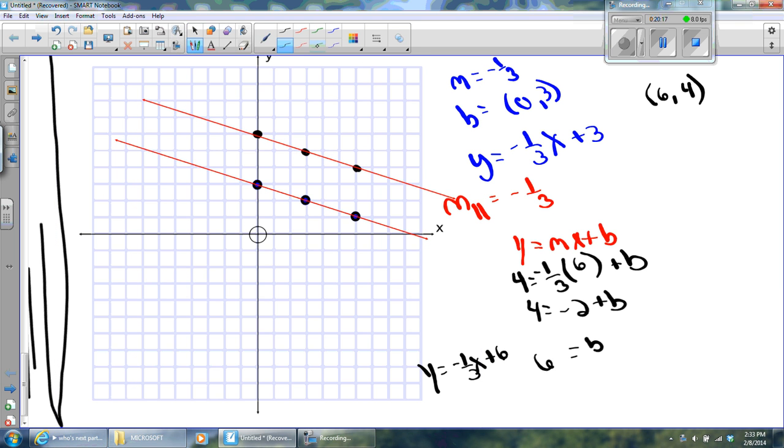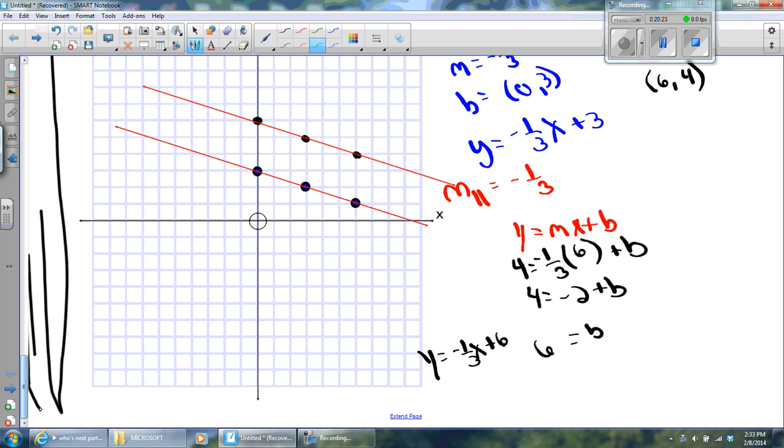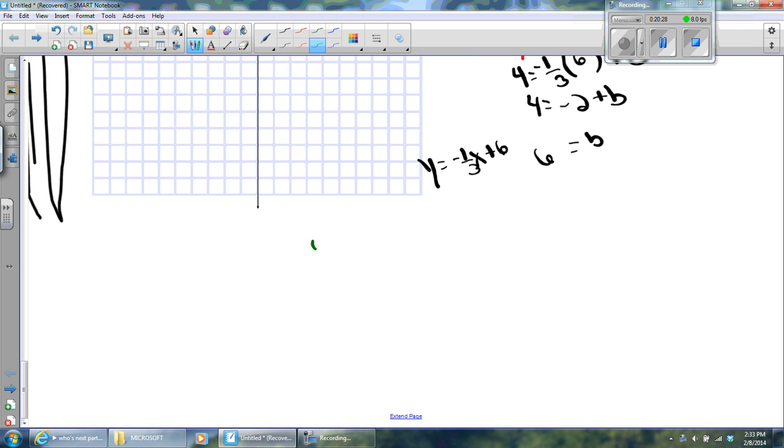Now I want the equation of the line perpendicular to it. Well, I'm going to need the slope. It's got to go through the point 6, 4 still. My original slope was negative 1/3, so my perpendicular slope is the negative reciprocal. So I flip it and change the sign. Okay, so now I put 4 equals 3 times 6 plus b.